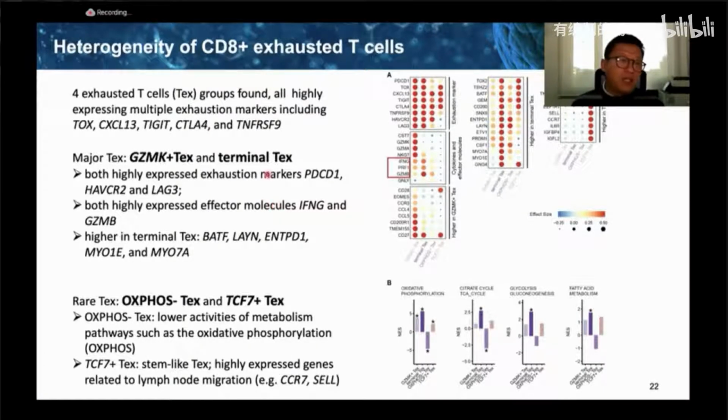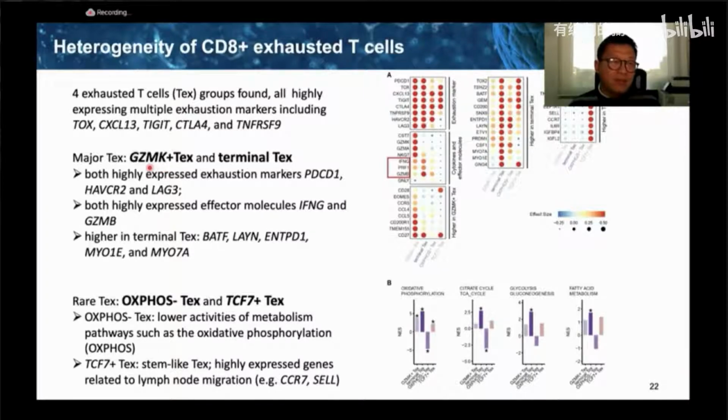The exhausted T cell, or TX, is of high interest. We identified not one, but actually 4 exhausted T cell groups. They all highly express exhaustion markers such as TOX, CXCL13, TIGIT, CTLA4, and TNFRSF9. But aside from the commonality, we found two major clusters, because there is high abundance of these two groups of cells.